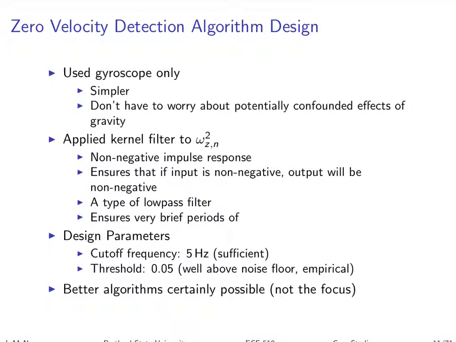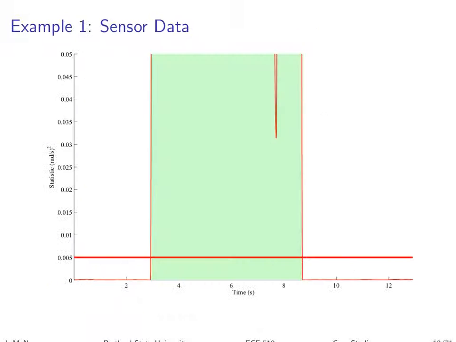But I used a cutoff frequency of 5 Hertz, which is more than sufficient. And then I set a threshold on the output of the low-pass filter, looking at it after applying the square of the rotational rate. I set a threshold of 0.05. So I guess that'd be radians per second quantity squared. And there's certainly better algorithms for doing zero velocity detection, but this works pretty well, as you'll see.